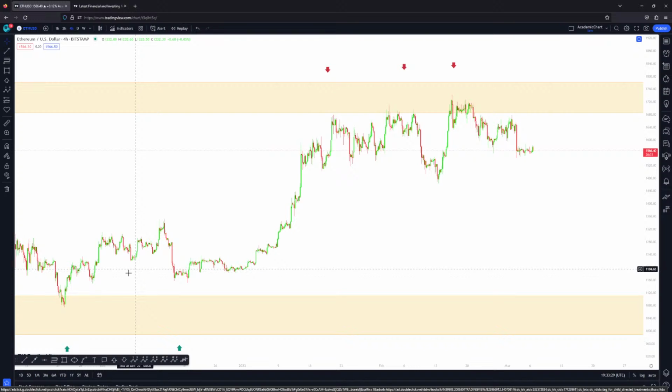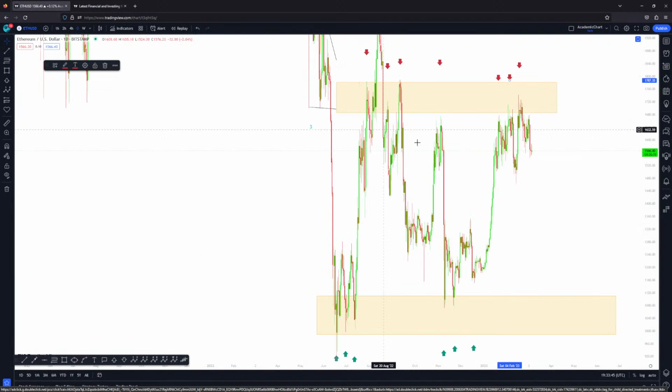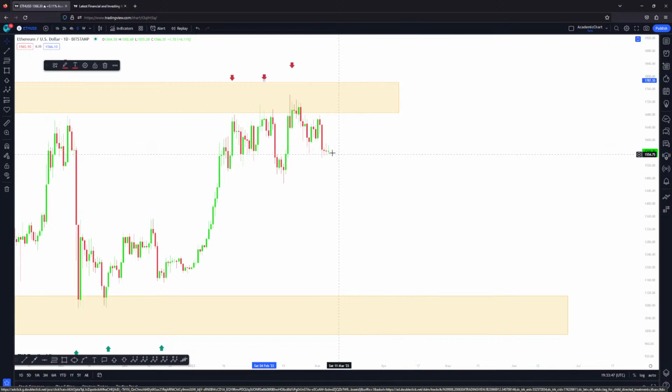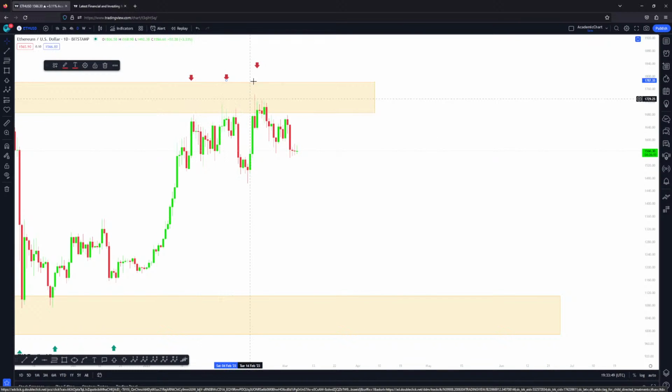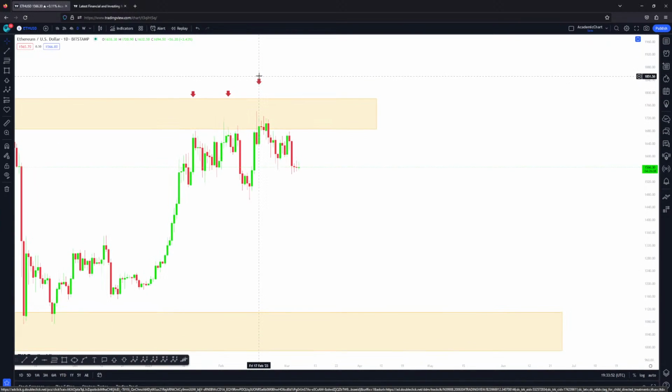If I take a look at this final impulsive wave, when in the end it reaches this level and actually starts rising up to the top of the channel, I can see, as it was also visible in daily, if I go back a few moments, some sort of triple top here as well. Price has reacted to these three tops on this resistance zone.